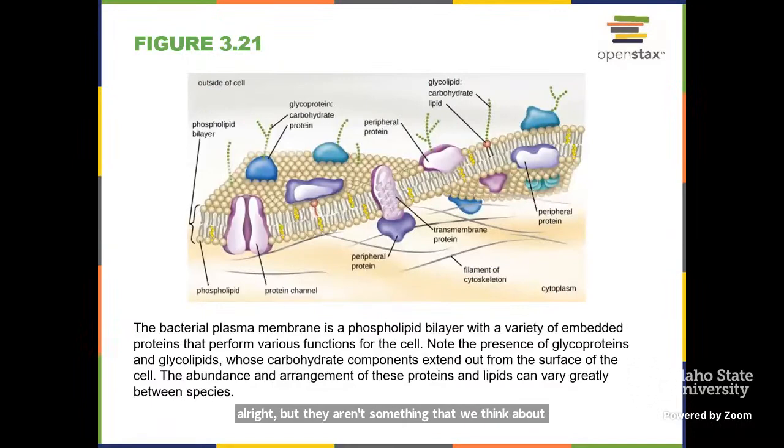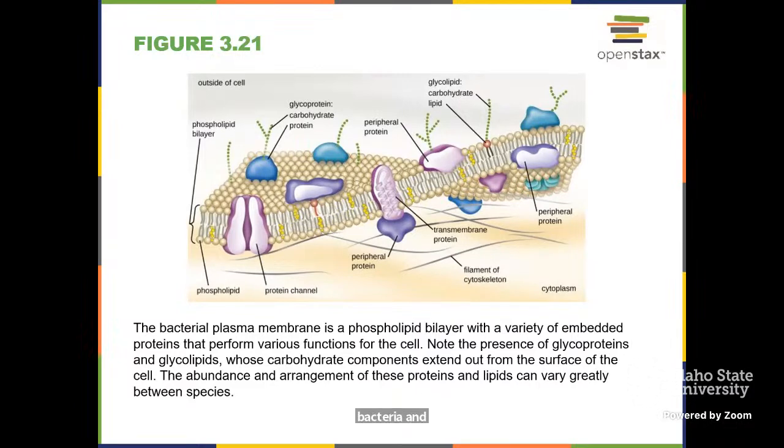So membranes, everything that's living has one, right? Plasma membrane and bacterial membranes. There are some variations between them and eukaryotic membranes. There are technically a little bit of variation between bacteria and archaea when we think about their plasma membranes.